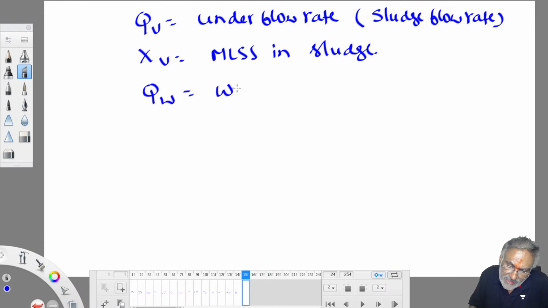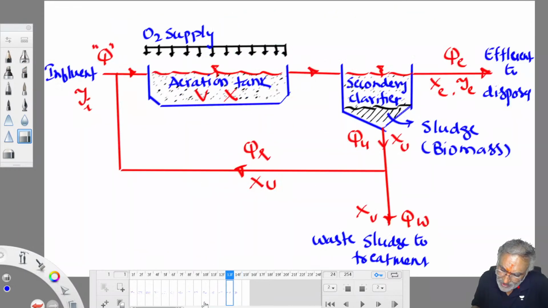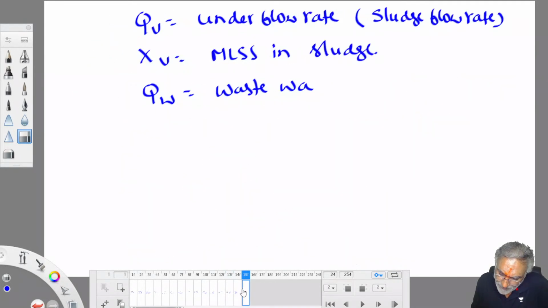Next, what else is there? QW, waste sludge flow rate. How much sludge is taken to treatment? This waste sludge goes to treatment. The sludge is treated separately, not in the activated sludge process. That is treated elsewhere. Waste sludge to treatment. Waste sludge flow rate, this is.